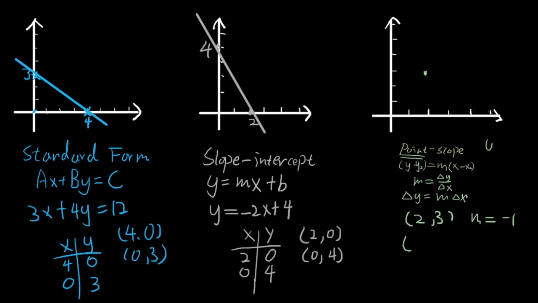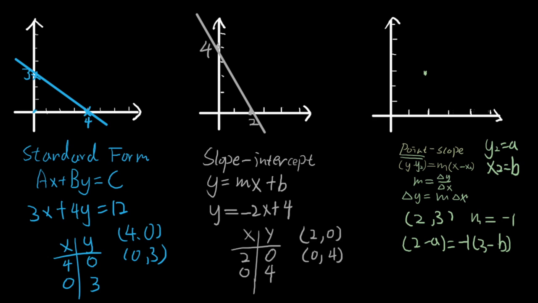I'm just gonna call y1 equals a, x1 equals b. So 2 minus a is equal to minus 1 times 3 minus b. This is our formula right over here. Now we just need to figure out a and b.